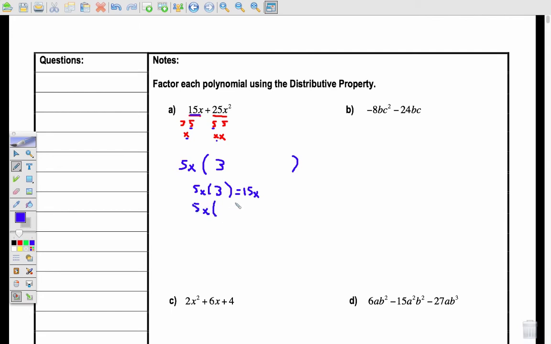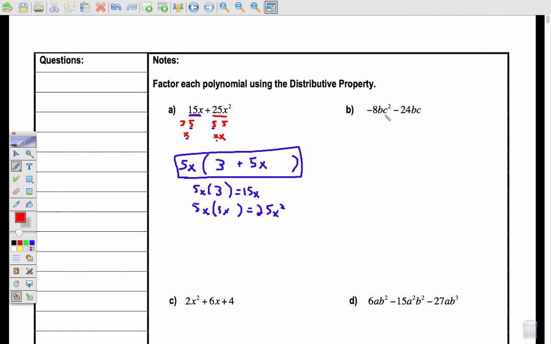Second term, again, 5x times something equals 25x squared. 5x times 5x. So that's going to be a plus 5x. And that would be our answer.